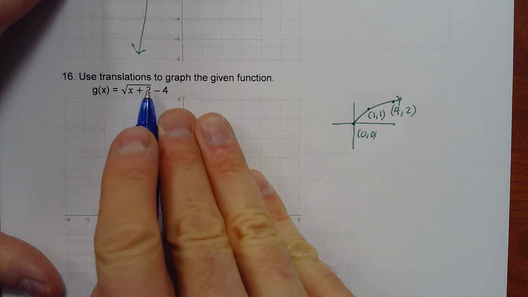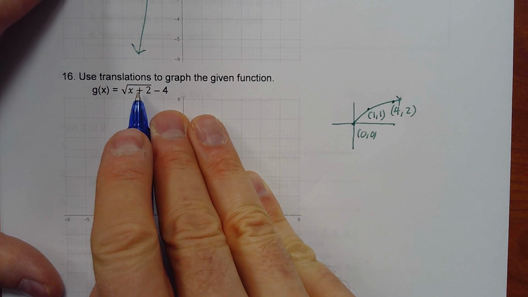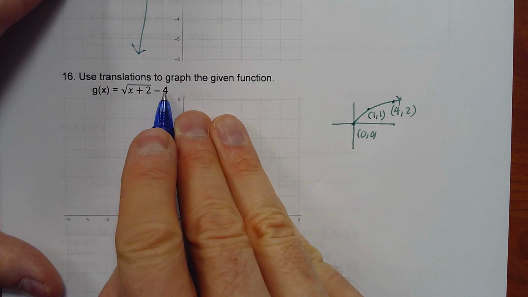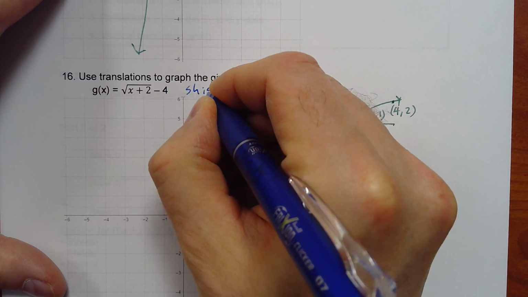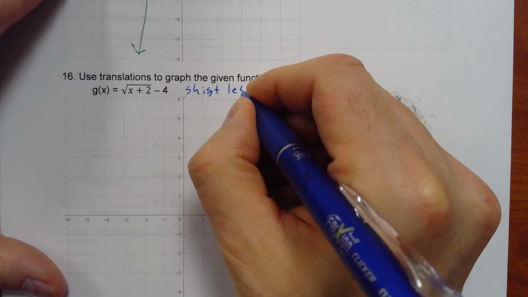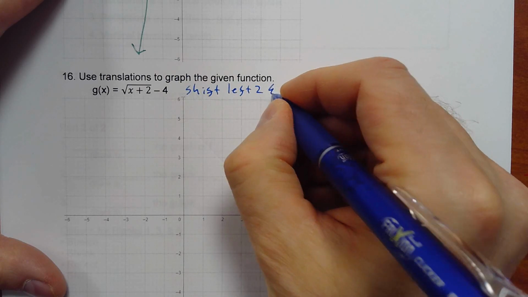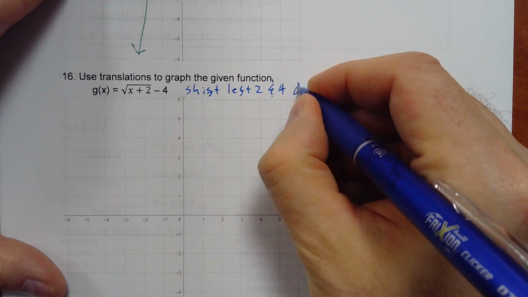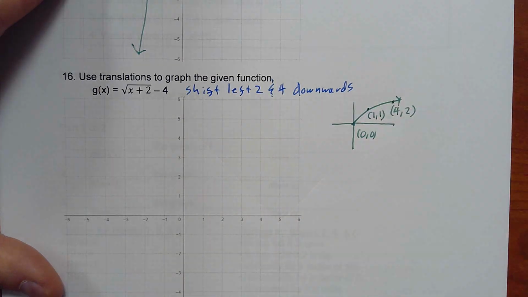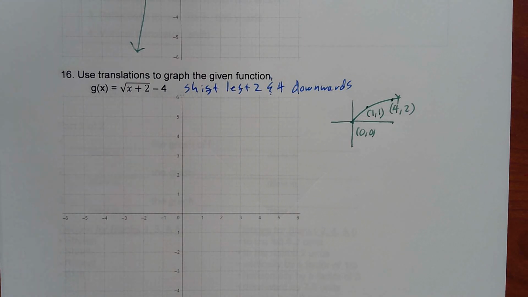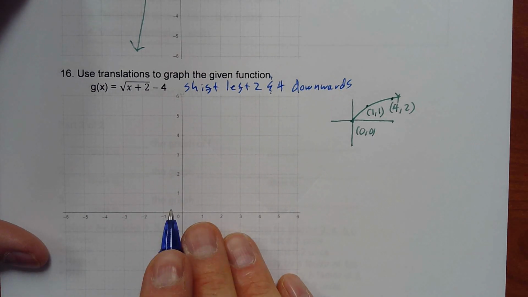Well, this 2 here is our horizontal shift, so it's going to be shifted left 2 and 4 downwards. So it's like I'm subtracting 2 from the x coordinates and subtracting 4 from the y coordinates.